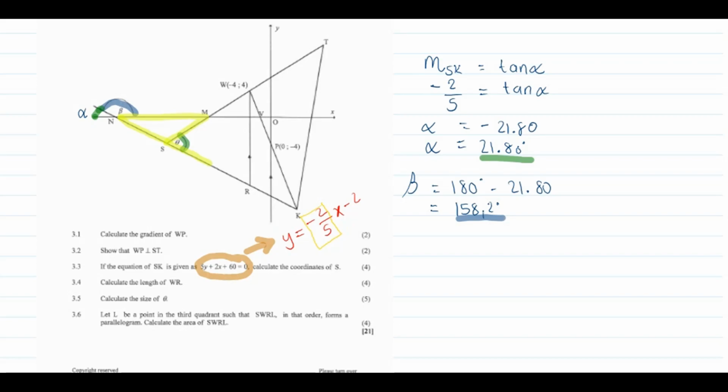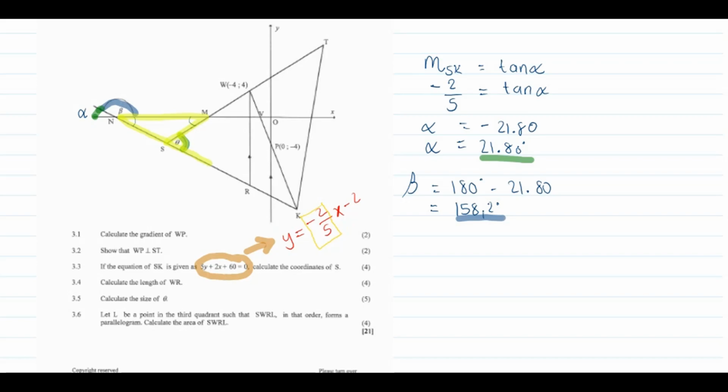Because what do we know about an exterior angle? An exterior angle is equal to the sum of your opposite interior angles. What are our opposite interior angles? The opposite interior angles are angle N and angle M.